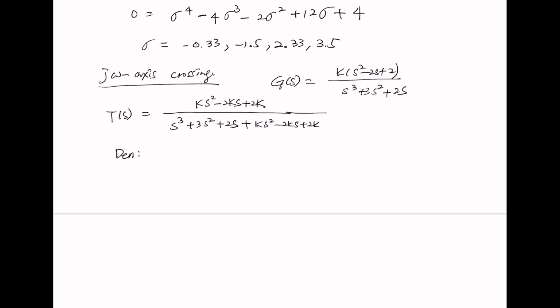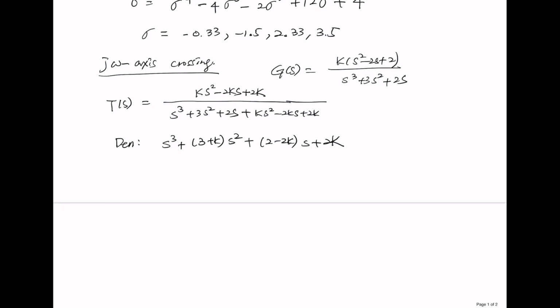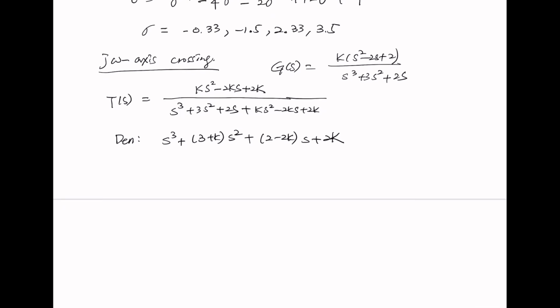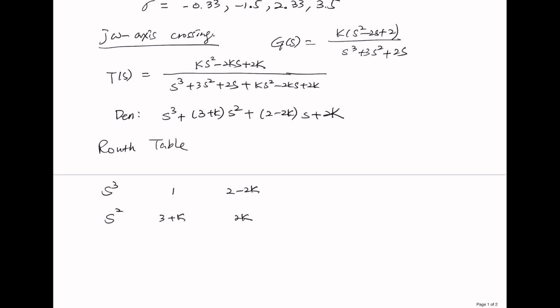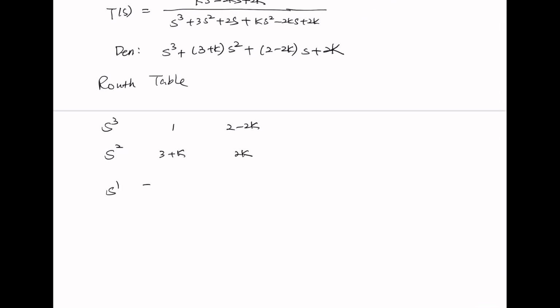For just the denominator, it's s cubed plus (3 plus k) s squared plus (2 minus 2k) s plus 2k. Based on what we learned in chapter 6, the Routh table, the s cubed row has 1 and 2 minus 2k, the s squared row has 3 plus k and 2k, and then the s1 row is negative of the determinant, (1, 3 plus k; 2 minus 2k, 2k), divided by 3 plus k, and 0.